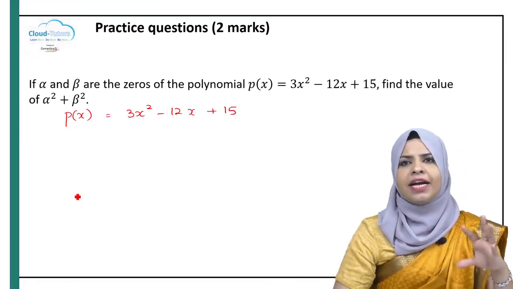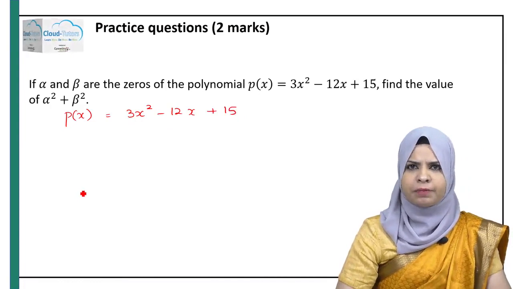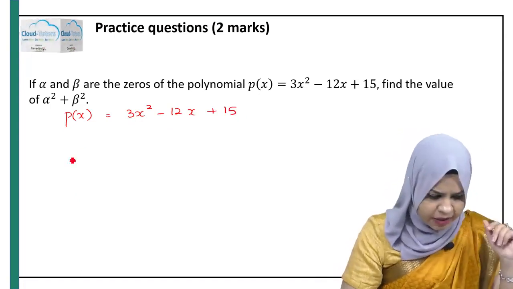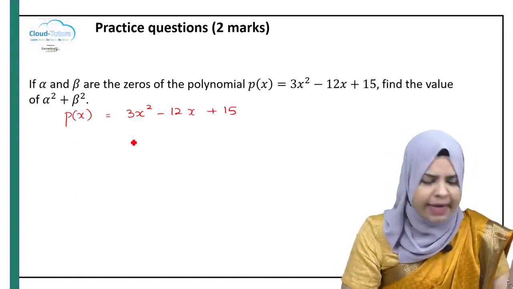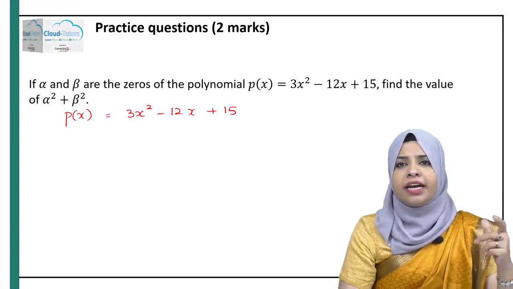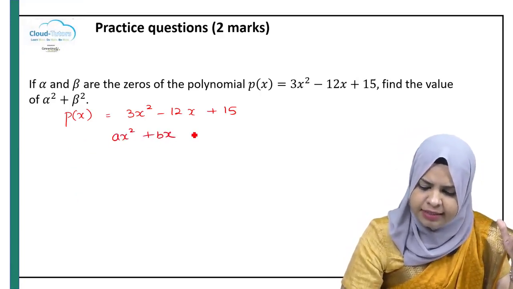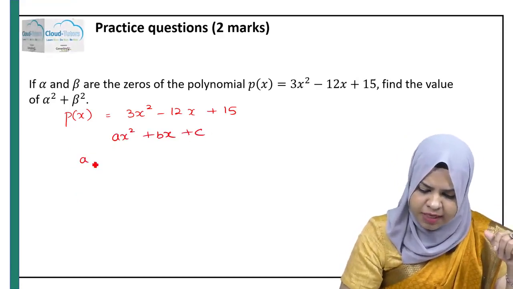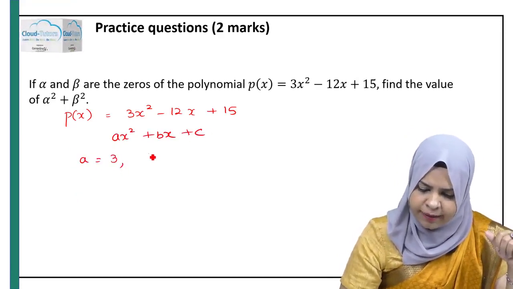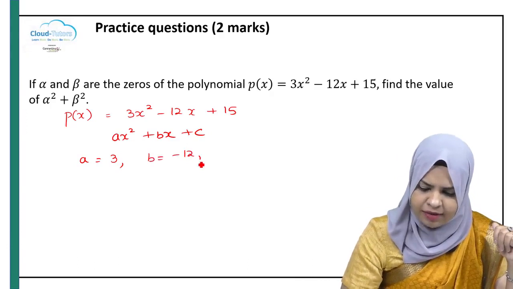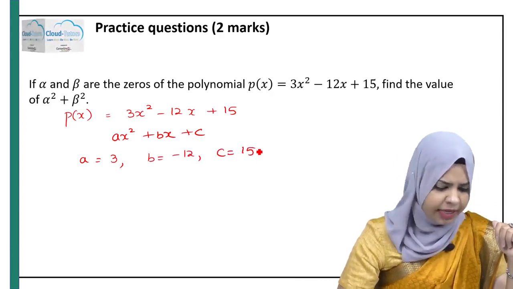So first let us find what is the value of alpha plus beta and alpha beta. I need to compare this to the generic form, that is ax square plus bx plus c. So from this I can say a is equal to 3, b is minus 12 and c is 15.